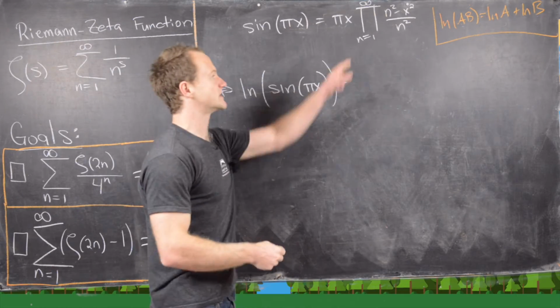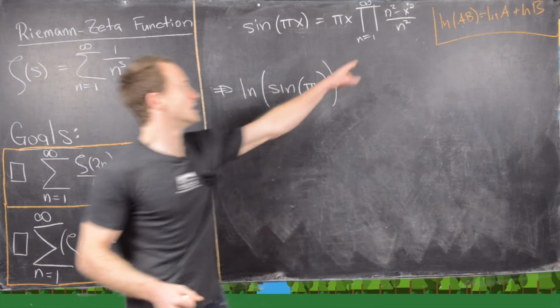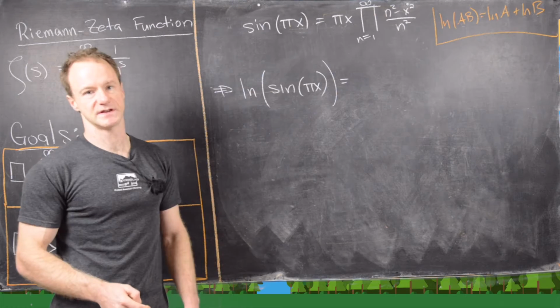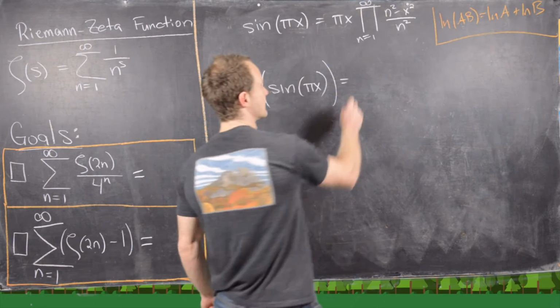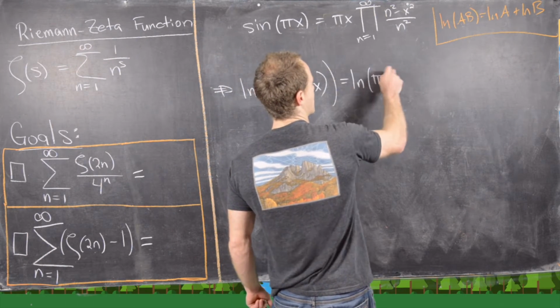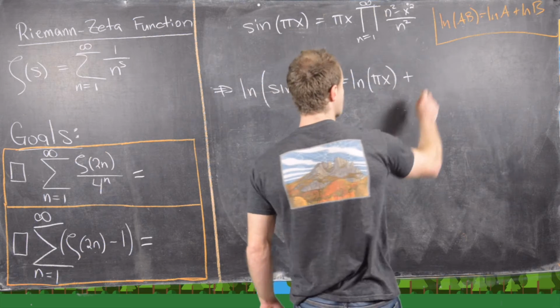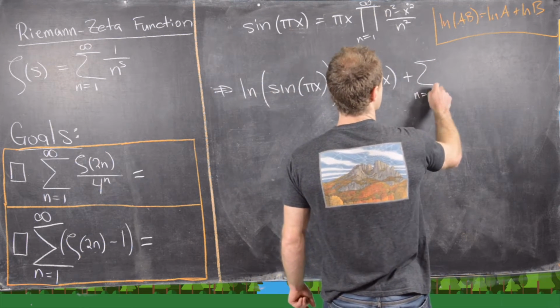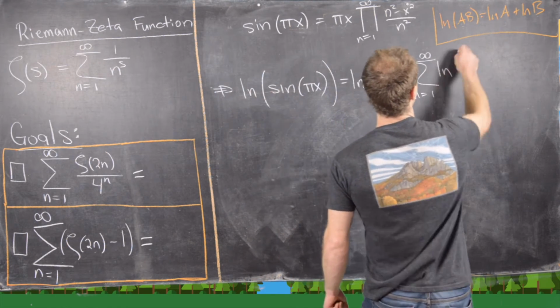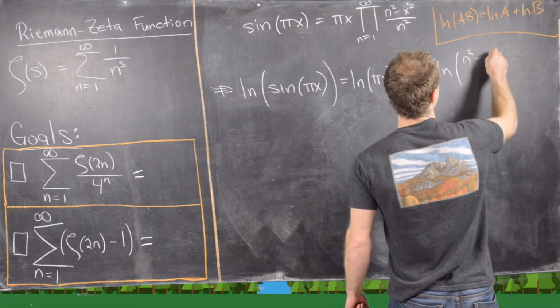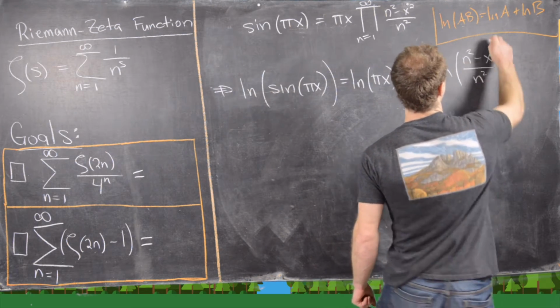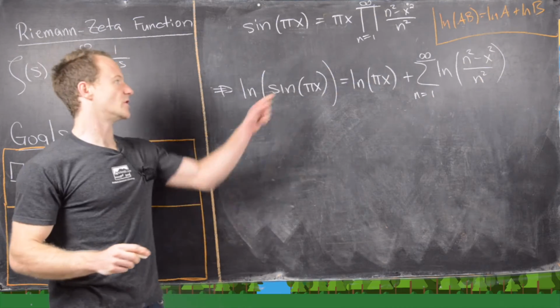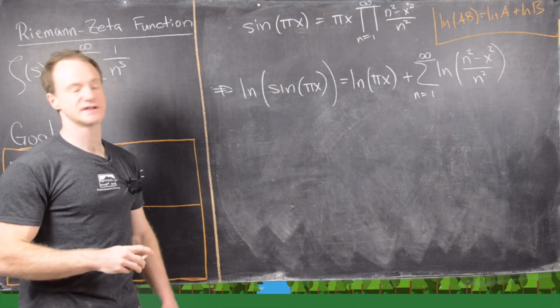And then we also have a similar formula for a quotient, because notice we've got a quotient of terms in there as well. So that's going to give us the natural log of pi x plus the sum, as n goes from 1 to infinity, of the natural log of n squared minus x squared over n squared. Notice that turned my product into a sum.